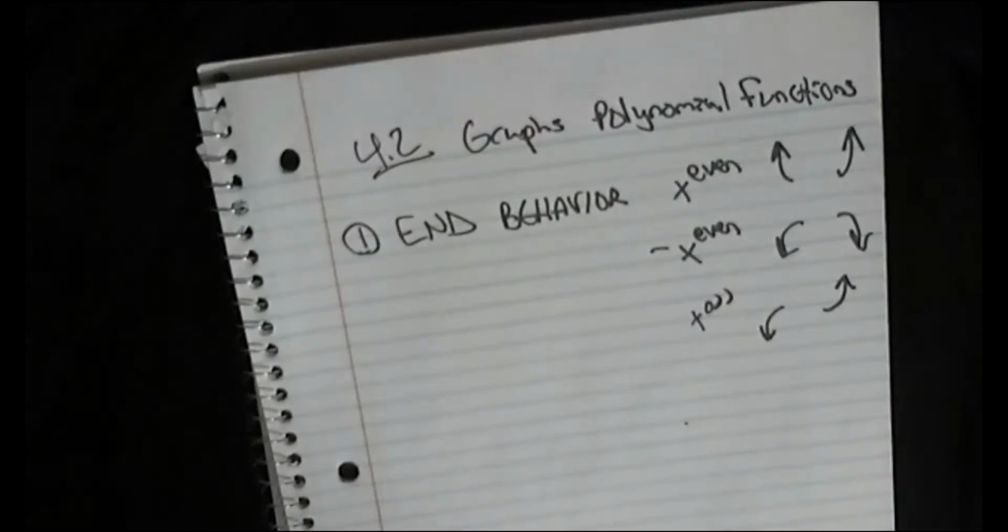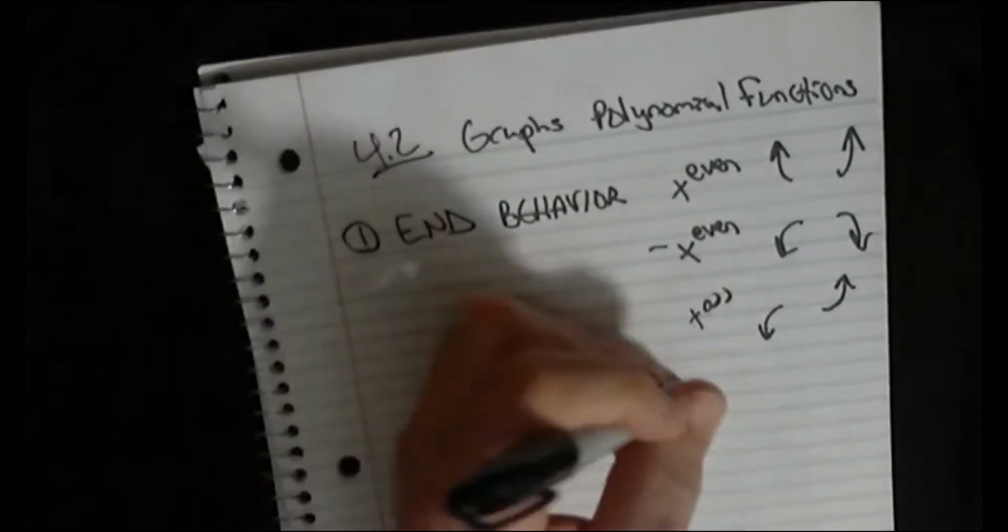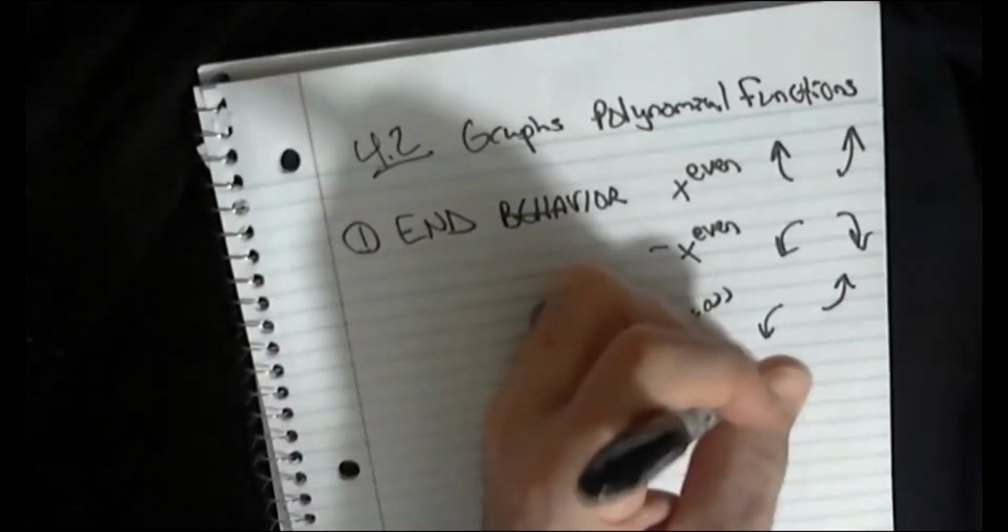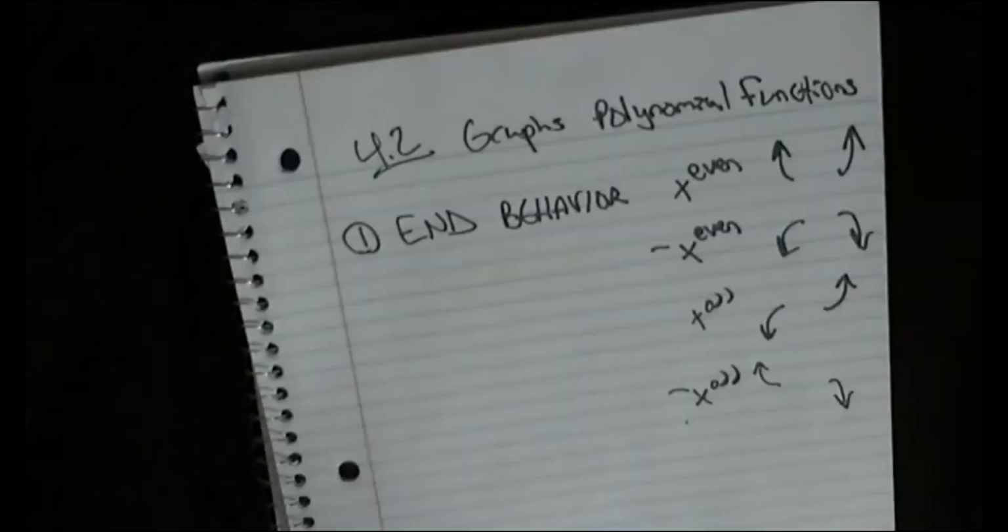A positive odd degreed polynomial is going to go down to the left, up to the right. A negative odd degreed polynomial is going to go up to the left and down to the right.